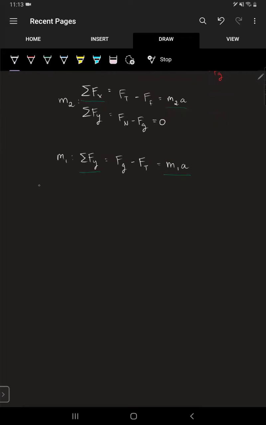All right. Now, if we have this, we can find something that is equivalent to both sides, F of t. So let's solve for F of t here. F of t is equal to F of g minus M1a. I just did some rearranging in algebra. Now let's take this F of t and plug it in here.